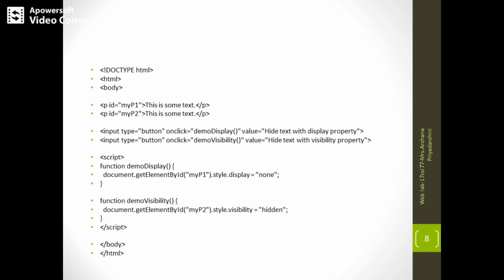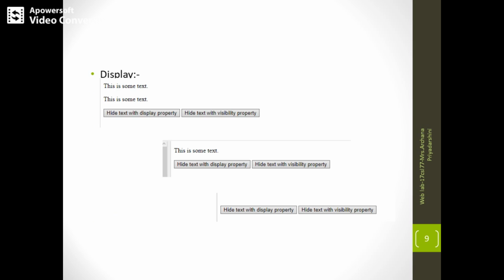Since we have already set the visibility to hidden for the other text, based on the click of the button, "hide text with visibility property", that paragraph which has visibility hidden will be hidden. You can observe the result in the next slide.